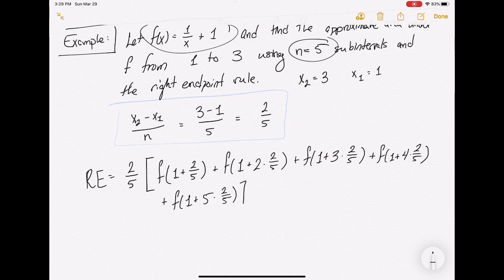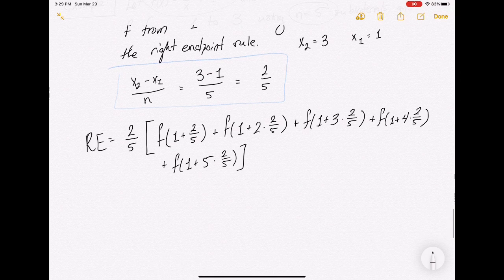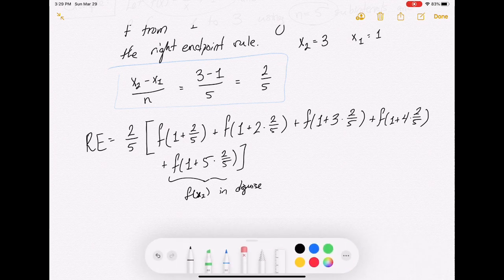You'll recognize that last case, 1 plus 5 copies of 2/5, is just f of 1 plus 2, which is 3. So this is really f of x2 in disguise. That'll tell you when to stop adding numbers onto the end, as you'll eventually run into f of x2.